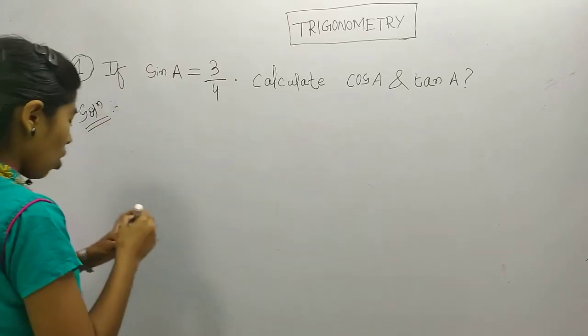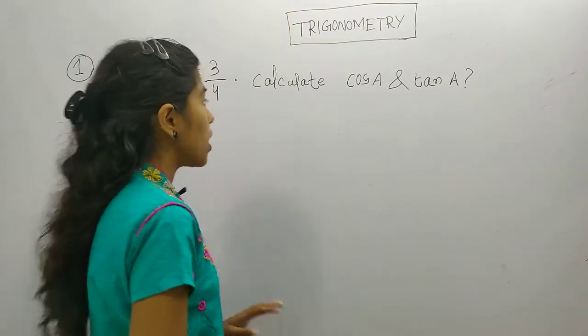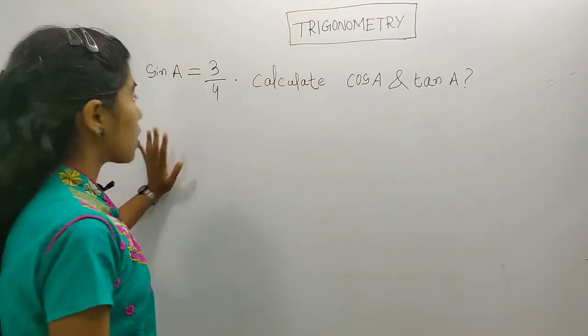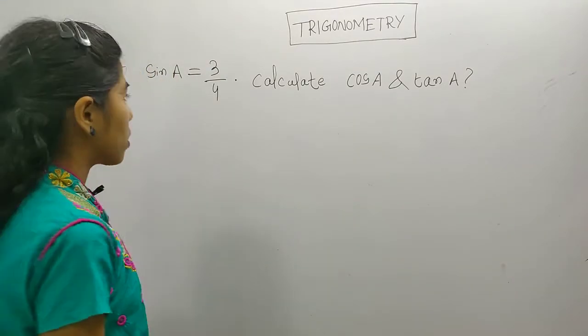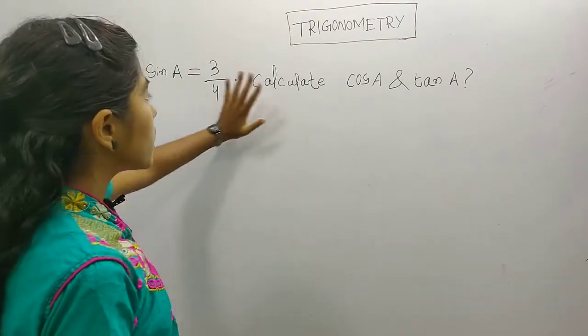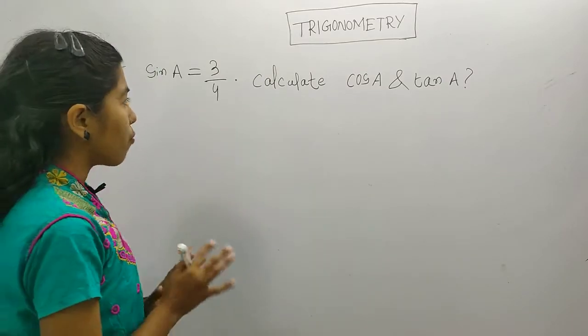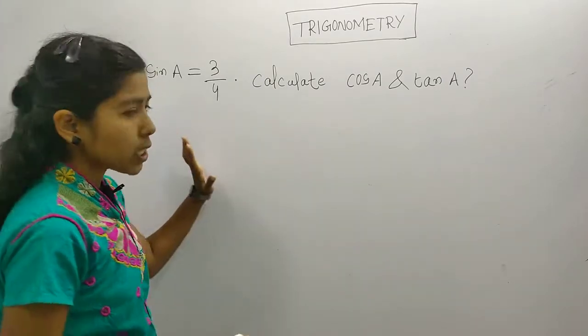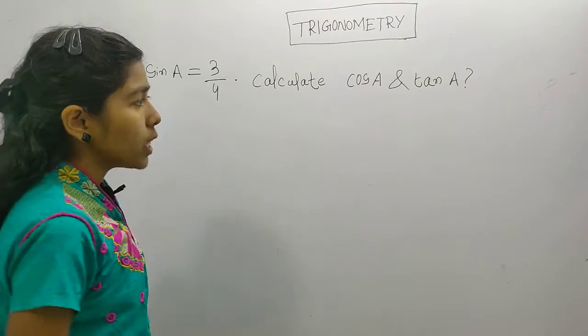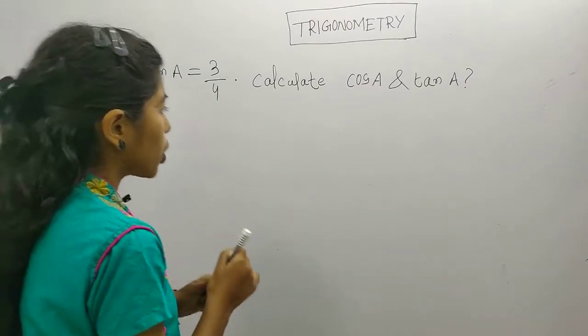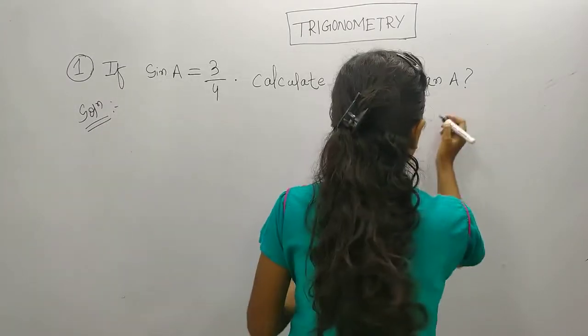What I said yesterday, first you have to see what's given in the question. Here it's given sin A equals 3 by 4. We have already learnt yesterday how to solve these problems. First of all, we will draw a triangle.